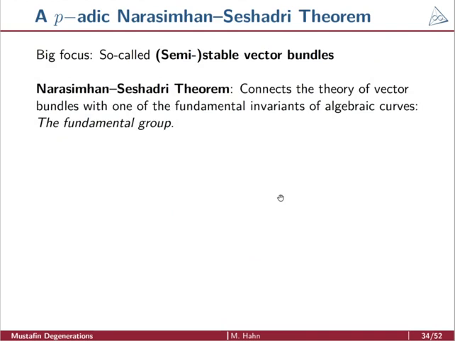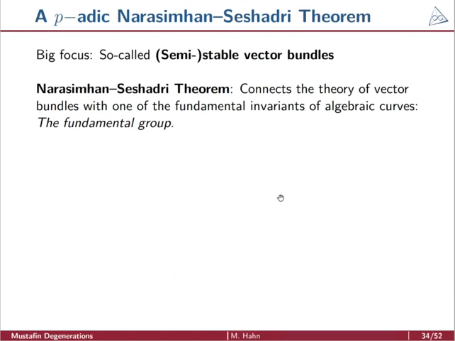Okay, so a big focus in the literature is on so-called stable vector bundles and semi-stable vector bundles. This is a condition on the so-called slope of the vector bundle. This is just a numerical condition. This focus on semi-stable and stable vector bundles is especially accentuated in the classical Narasimhan-Seshadri theorem.